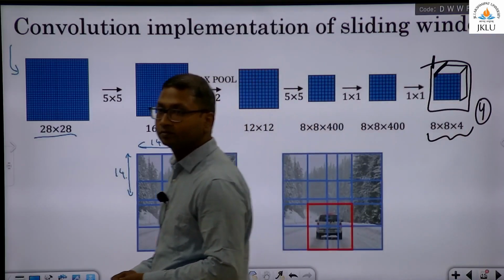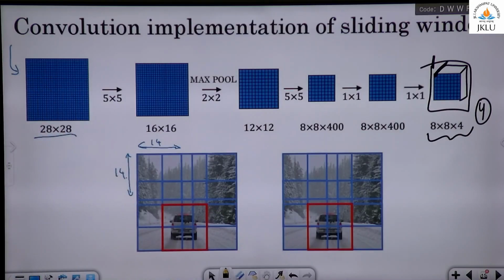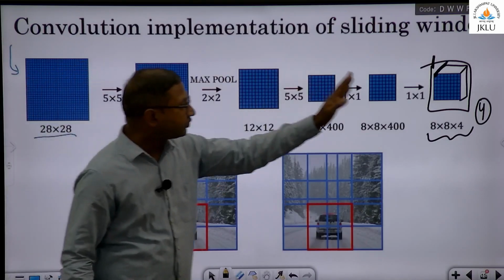Okay, in one direction it is 14. So you run these many and what will you finally get?